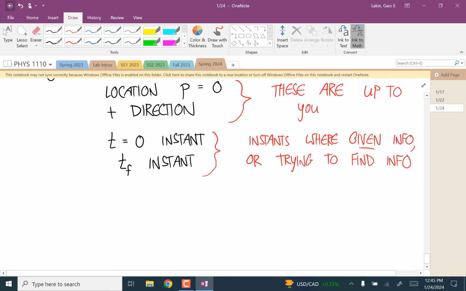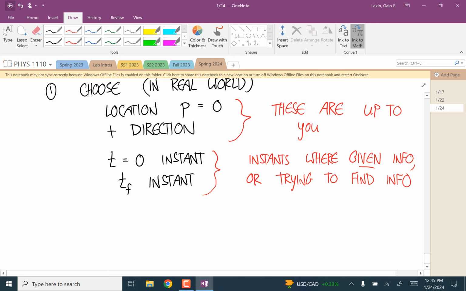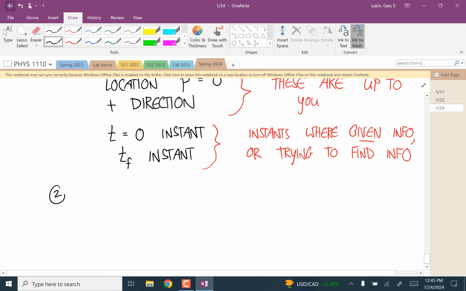Okay. The second step is to go through all the variables that appear in the constant acceleration equations. And there's just 6 of those variables, so you can always go through them in the same order so you don't forget them. So here are the 6 variables.